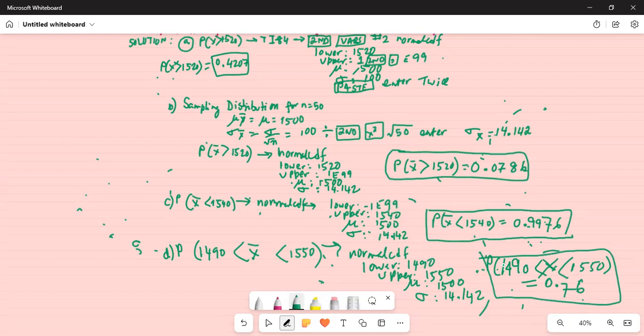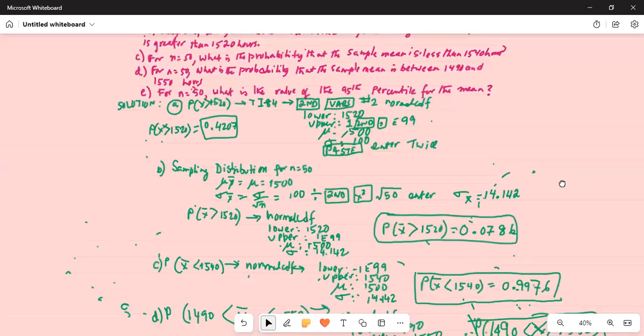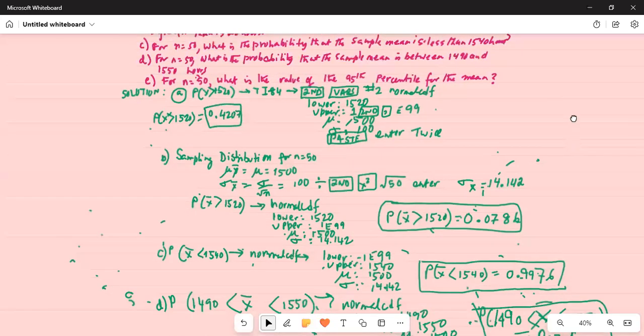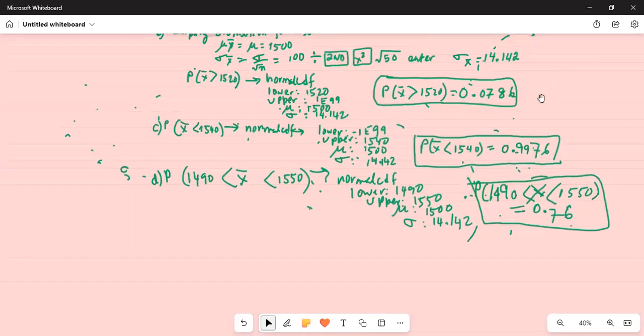And let's read part E. Part E says, find the 95th percentile for the mean. 95th percentile means find that X bar value below which 95% of the sample means fall.